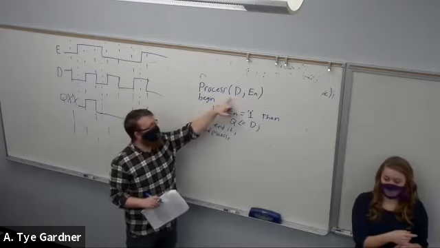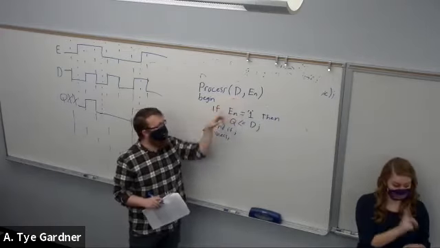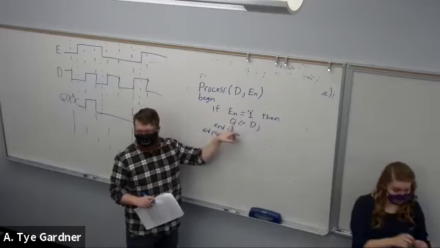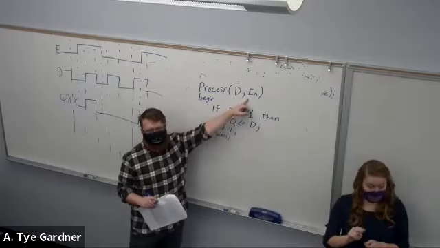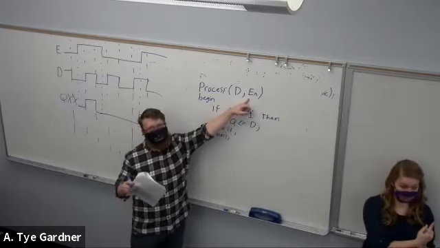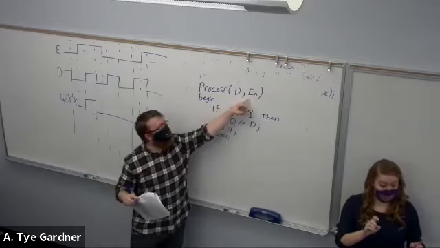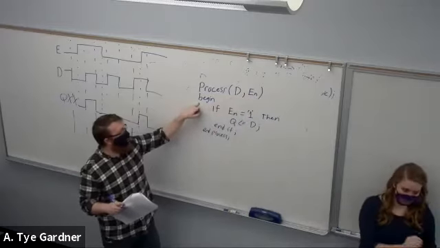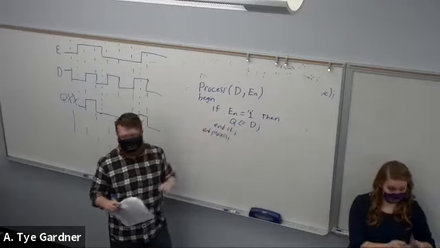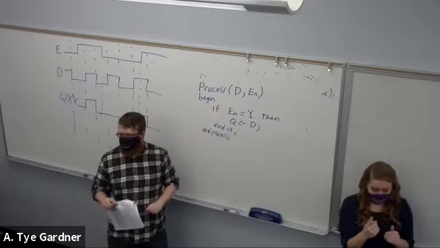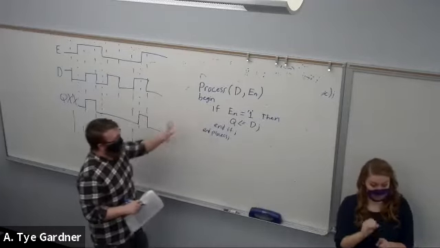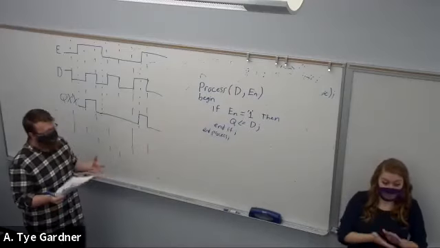Then the process will execute and say, if it's enabled as well, then we'll update Q. If EN changes, say it was a 1, say it was enabled, and it drops from 1 to 0, we're turning it off, the process will run, but it'll see that enable is not equal to 1, and Q won't get updated. So that's what this is doing for us. It's pretty simple, pretty straightforward.